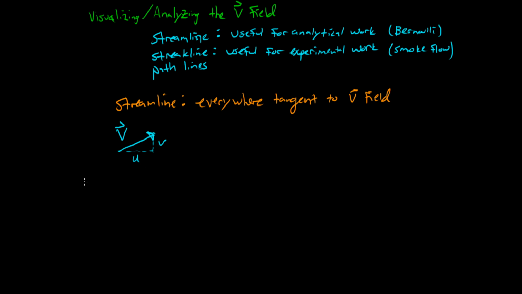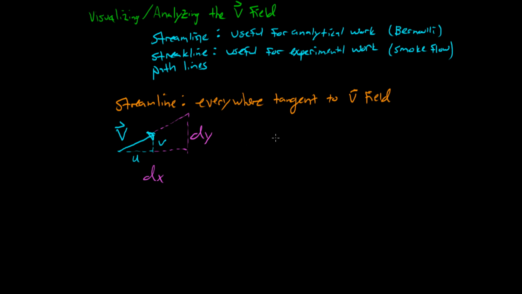The streamline is tangent to this, which means it moves in the same direction as v, and so we can play a little similar triangles game here just to make this easy to visualize, which says that our dx and our dy on our streamline are in the same direction as u and v.